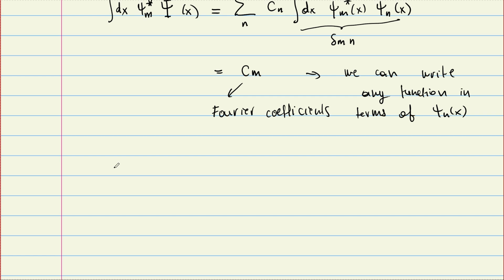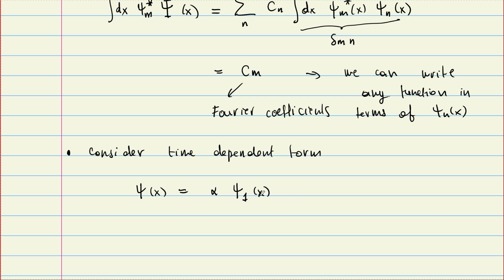The last comment is let's consider the time dependent form. Suppose I have psi of x equal to some alpha psi 1 of x, the sine with n equal to 1, plus beta psi 2 of x.